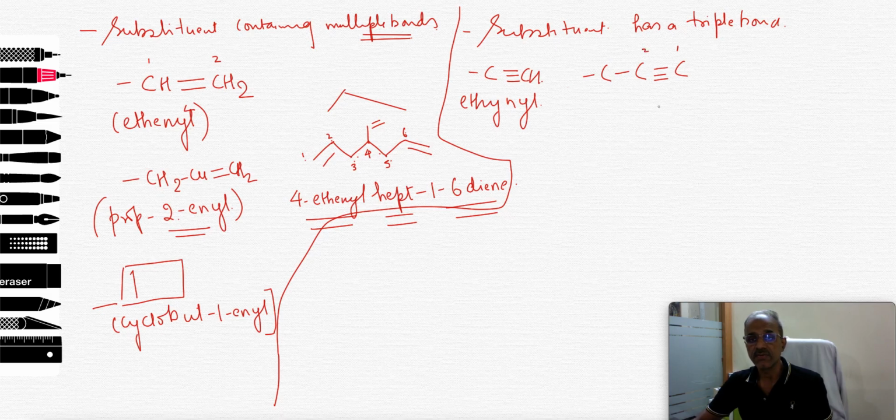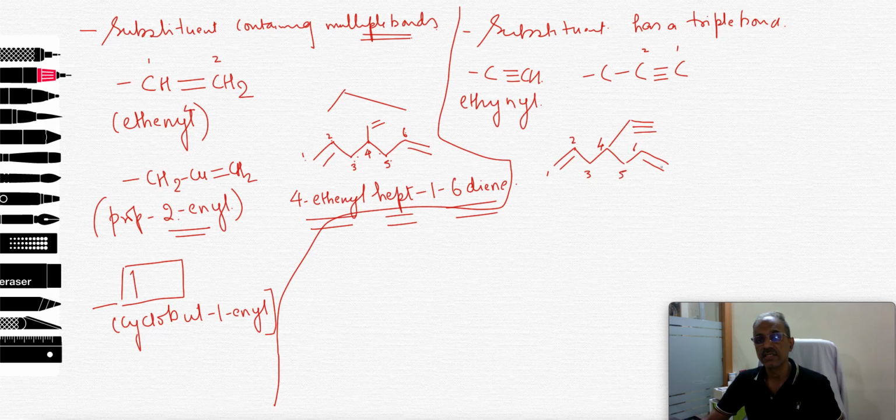Similarly, if I take another more complex one, 1, 2, 3, 4, suppose this 5, 6, 7. Here one double bond, here one double bond. Fine. So if I get 1, 2, 3, and then 4, in the fourth position, 5, 6, and 7.